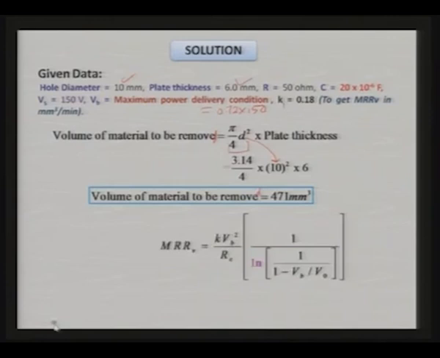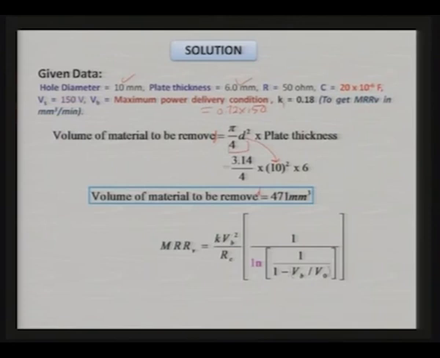So, now let us see what is the equation for calculation of the volumetric material removal rate in EDM using the RC circuit, that is given by K Vv raised to power 2 by RC multiplied by 1 over natural log 1 over (Vv minus V0).